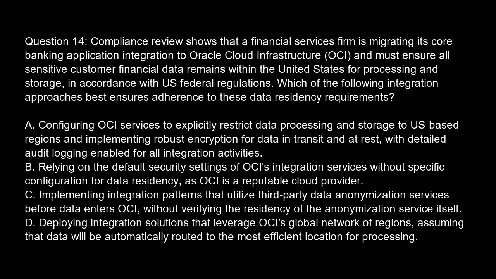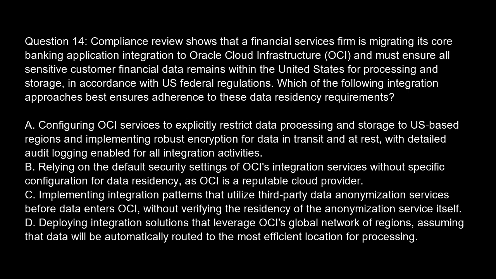Option A. Configuring OCI services to explicitly restrict data processing and storage to U.S.-based regions, and implementing robust encryption for data in transit and at rest, with detailed audit logging enabled for all integration activities. Option B. Relying on the default security settings of OCI's integration services without specific configuration for data residency, as OCI is a reputable cloud provider.